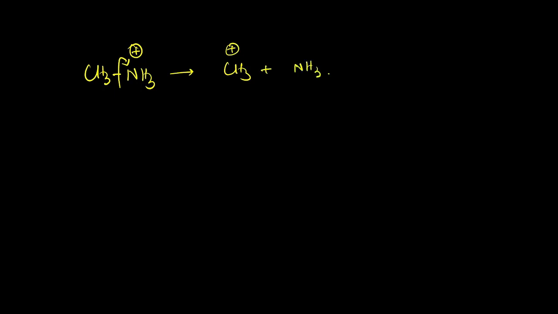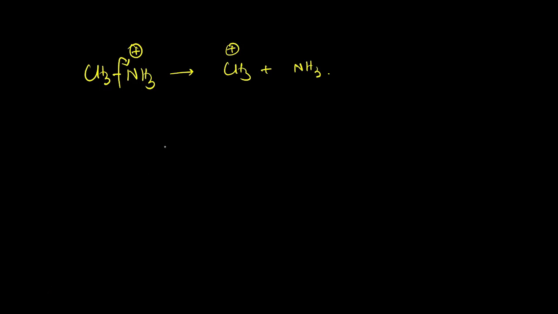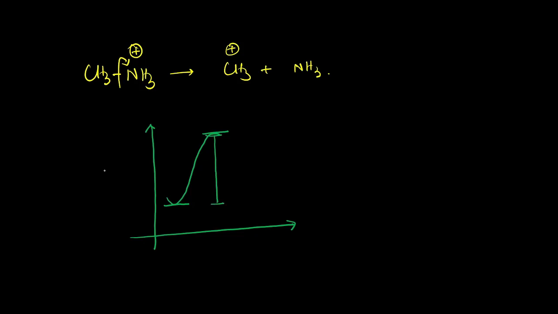Now if we look at the potential energy, this is the reagent, this is the product, and this is our desired activation energy, whatever we have discussed earlier. This is potential energy, and this is reaction coordinate or time.